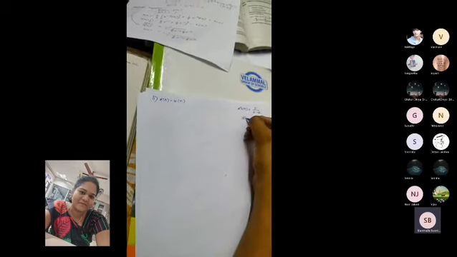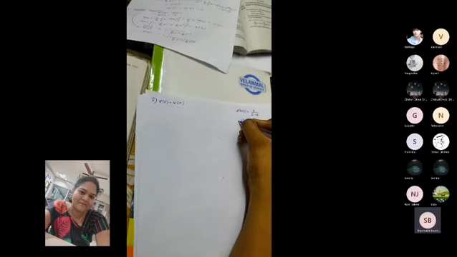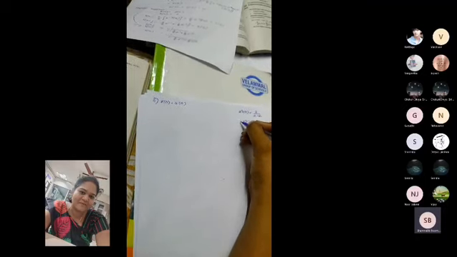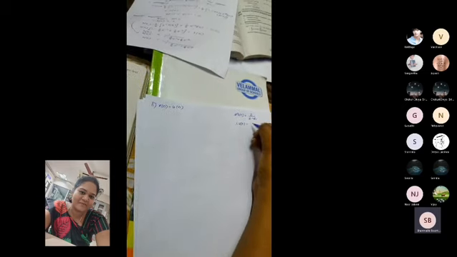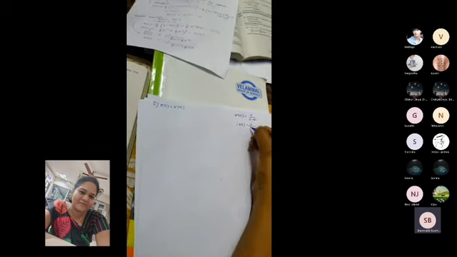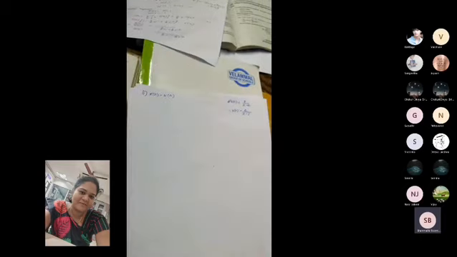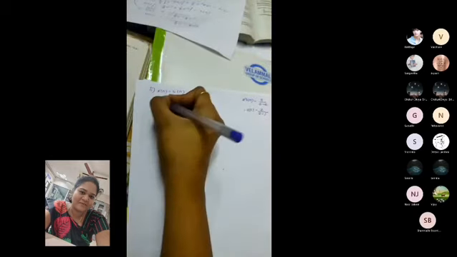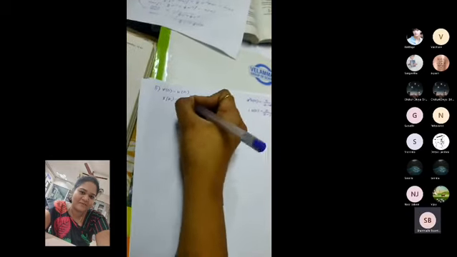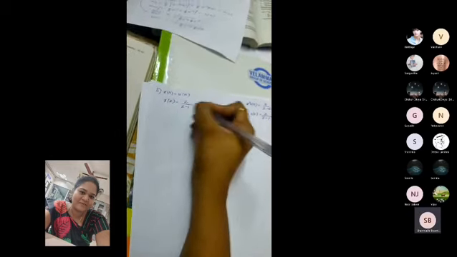Here you have only u of n, so in front you have 1. You have to assume the constant value will be 1 if no other value is there. So the Z transform will be Z divided by Z minus 1. So x of Z will be equal to Z divided by Z minus 1.